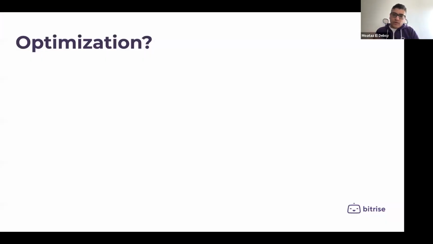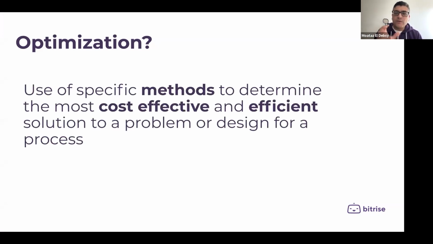So now, before we start talking about the tips for optimization, what is the meaning of optimization? Optimization here is about using specific methods, techniques, or processes to determine the most cost-effective and efficient solution to a problem or design for a process. We already have different problems related to mobile or Android app deployment.